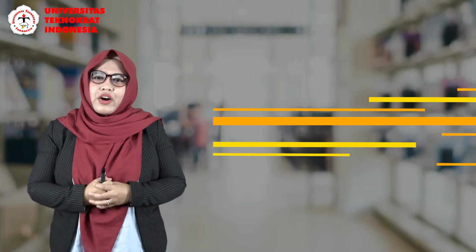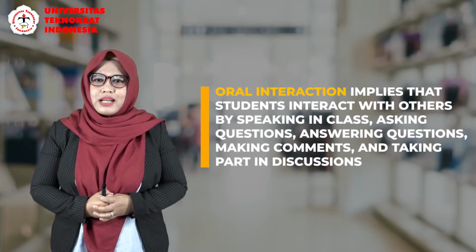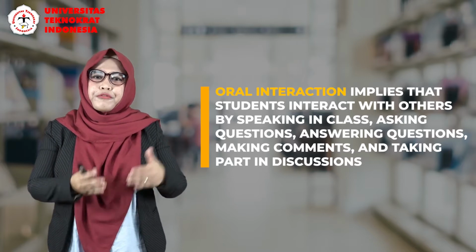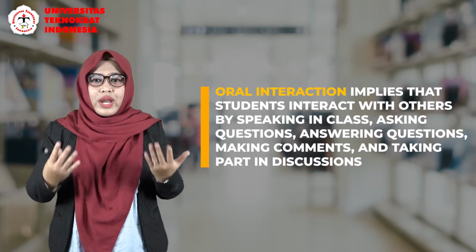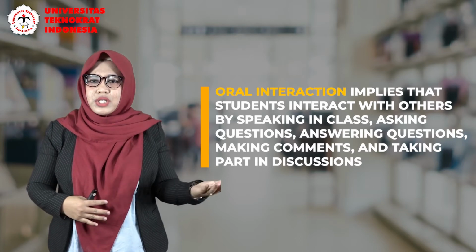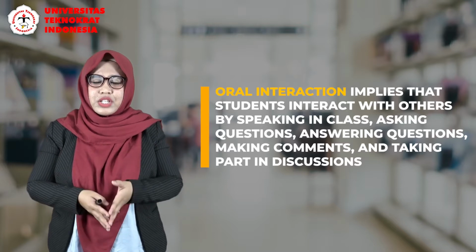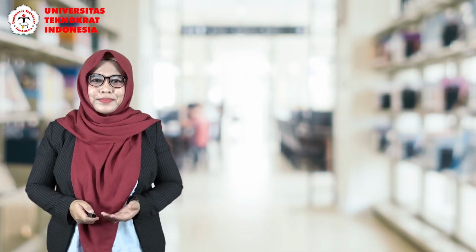What about oral interactions? Oral interactions imply that students interact with others by speaking in front of the class or asking questions, answering questions, making comments, and taking part in class discussions or group discussions. So once again, I remind you that verbal interactions include written and oral interactions.